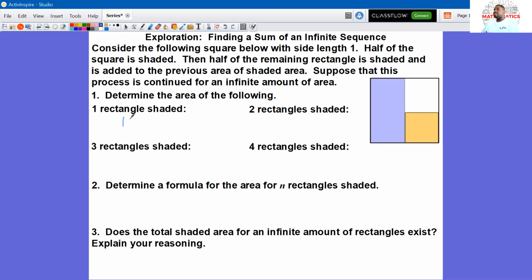So I'm going to put 1/2 here. And then for 2 rectangles shaded, that's going to be 1/2 plus 1/4. And that's going to give you 7/8, I believe. Just want to double check and make sure I'm correct. I'm sorry, that's not 7/8. I misspoke, it's 3/4.